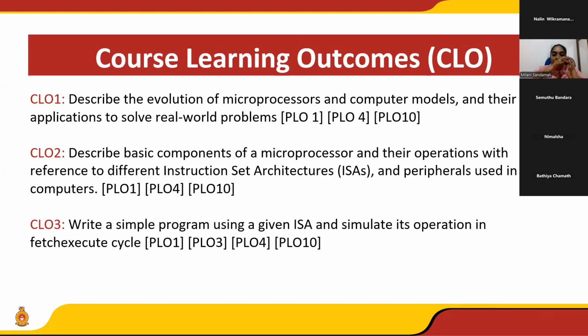You will also understand the difference between computer models like von Neumann and Harvard architecture, and how these technologies are used to solve real world problems, like smart systems. You can learn these things according to this part.